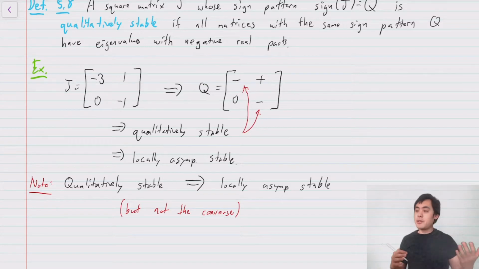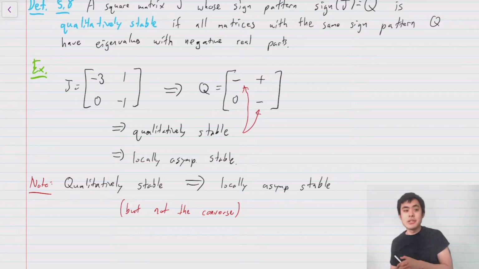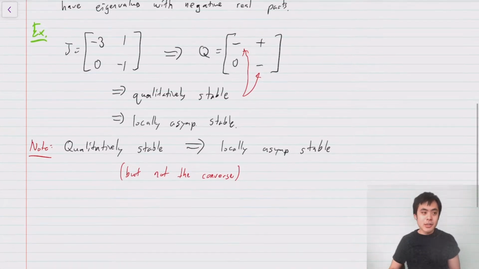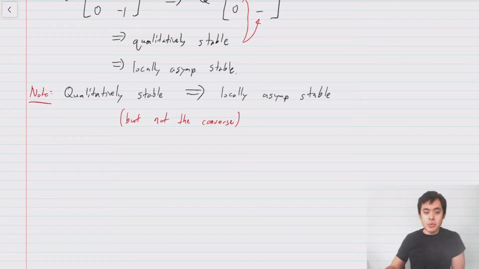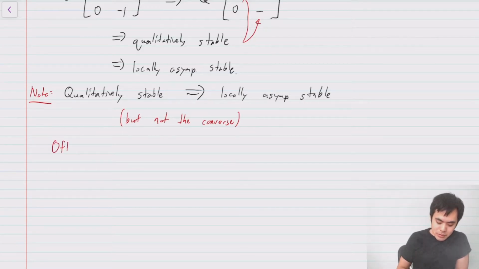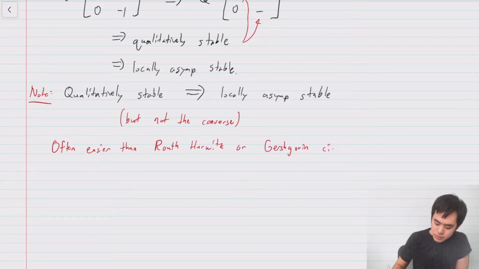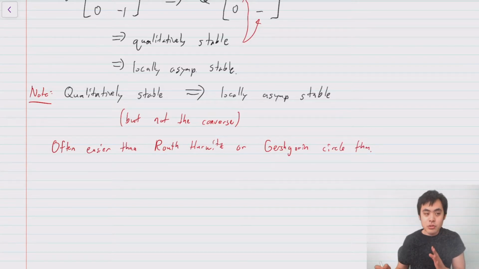So qualitative stability is a sufficient but not necessary condition for local asymptotic stability. But it is a useful shortcut because sometimes it's a lot easier to figure out whether or not something is qualitatively stable than actually using, say, Routh-Hurwitz or the Gershgorin circle theorem. So it's often easier, but it's just another tool in your toolbox.